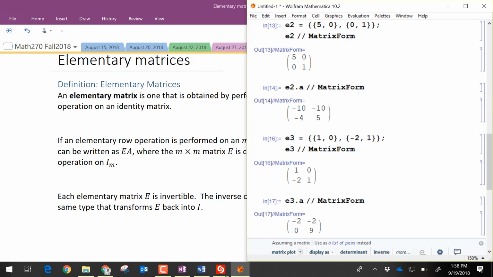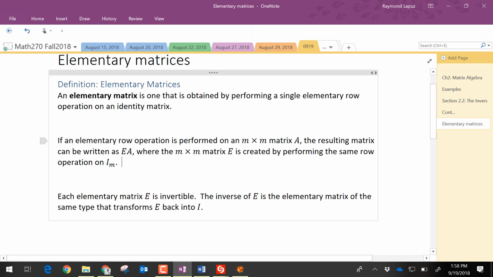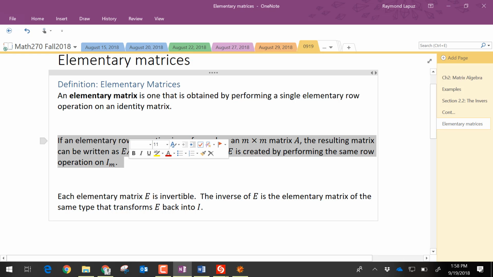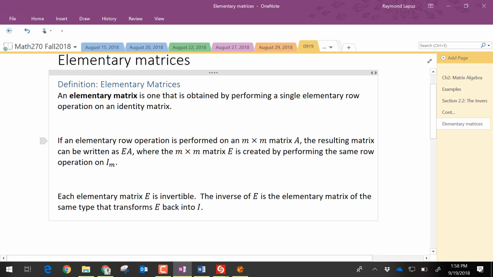So it turns out that whatever you do with this elementary matrix, if you multiply a matrix A on the left side by this elementary matrix, then that elementary matrix is going to do to that matrix what you would normally do in a regular row operation. Okay?